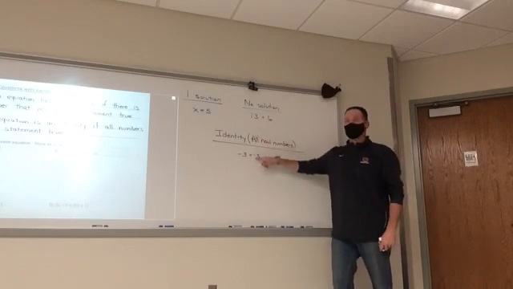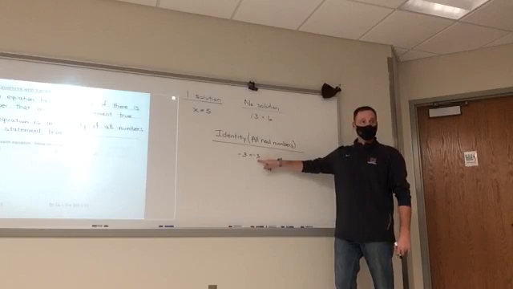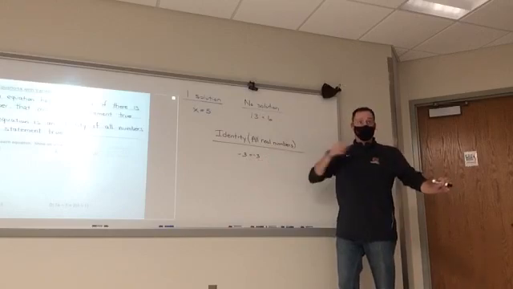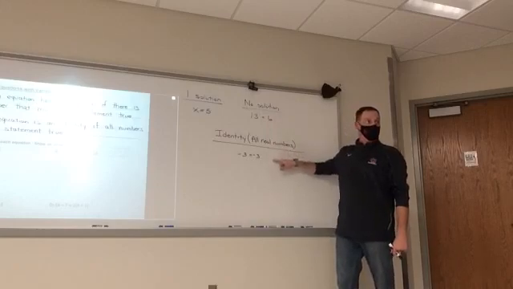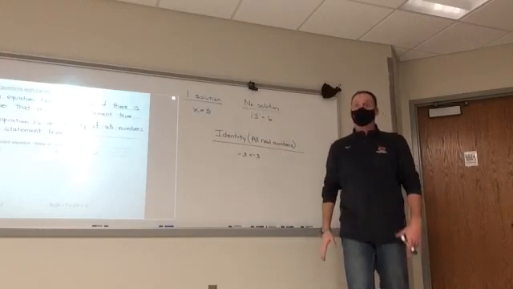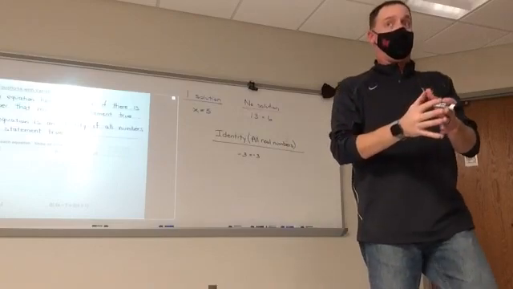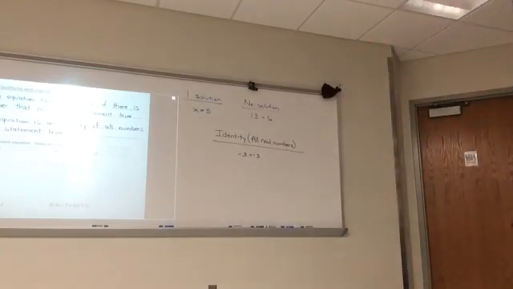This statement here is. That's literally the only difference. Both of these will have the variables gone from the problem. The difference will be I'm either going to have a statement that is true when I'm done, because -3 does equal -3, or I'm going to have a statement that's not true, like 13 equals 6.